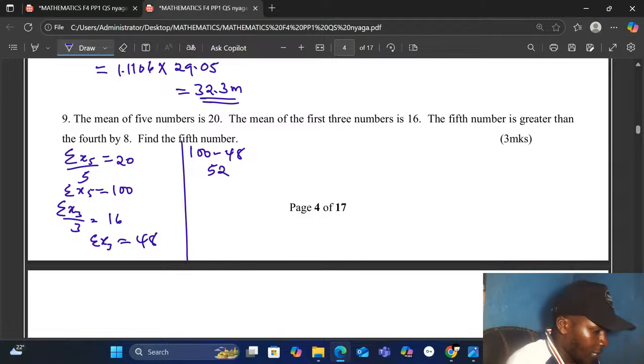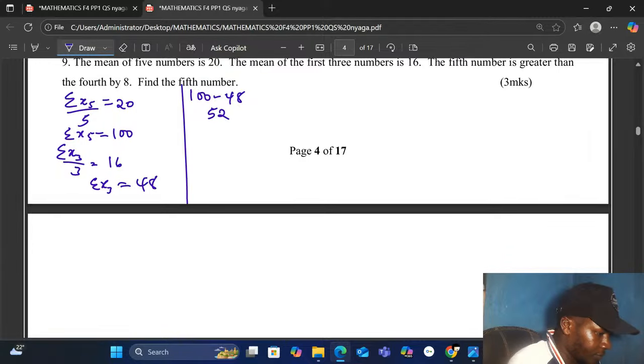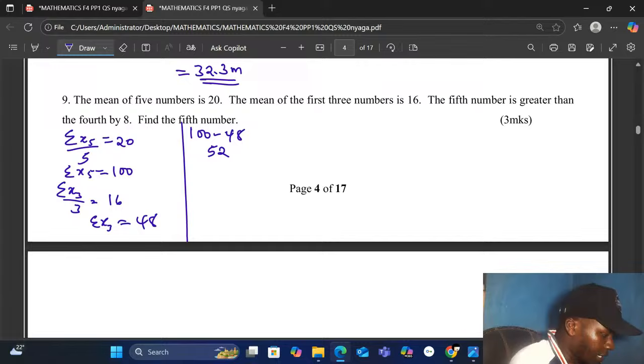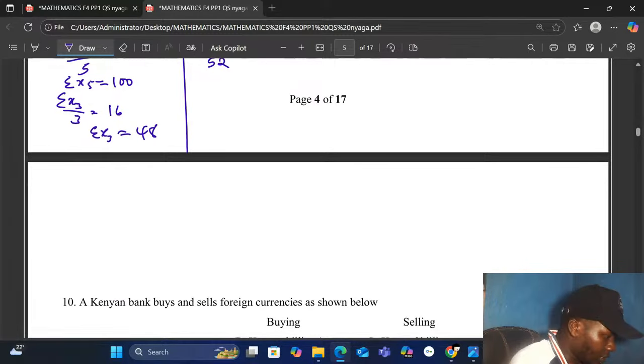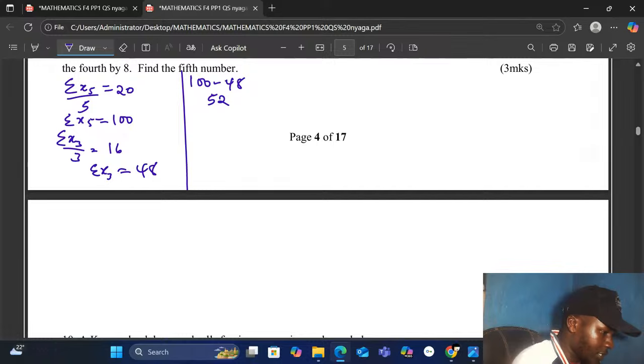Now we can let... can we do it here or here? Let's do it here.